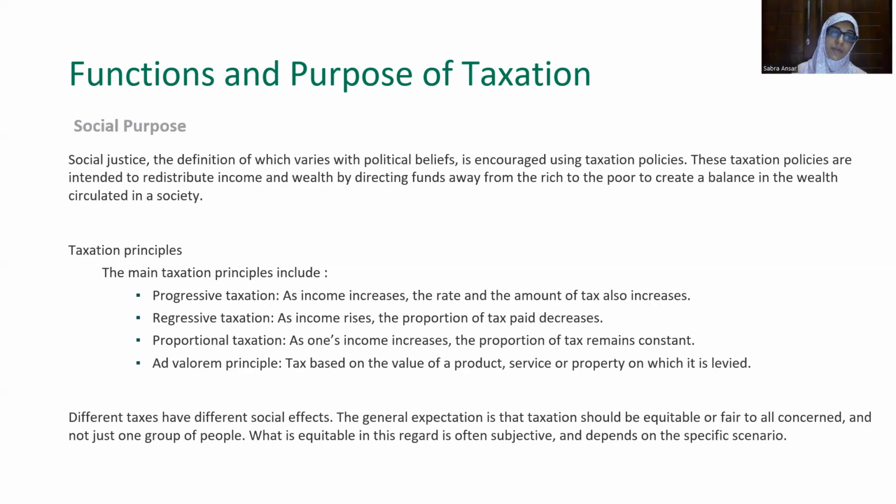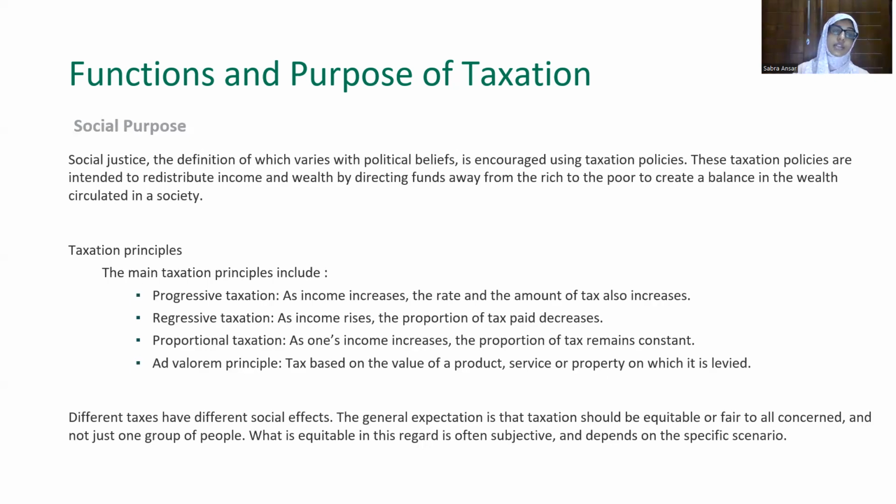There is another type of taxation which is called regressive taxation. When it's regressive taxation, as the income increases, the proportion of tax paid reduces. So if it's 10% for 100,000, when it becomes 200,000 it will be 8%. So the proportion of tax paid will reduce.